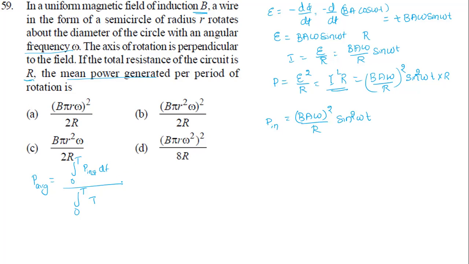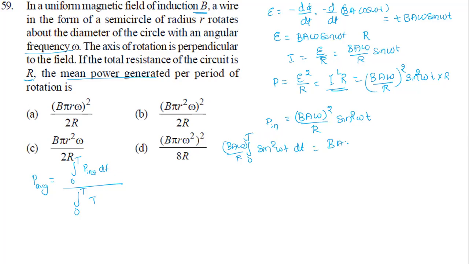Now I need to find the average power. Look at the numerator now, 0 to time interval t. The constant thing I'll take outside. So B A omega by R, and its square, into sin square omega t dt. You need to simplify with the formula.